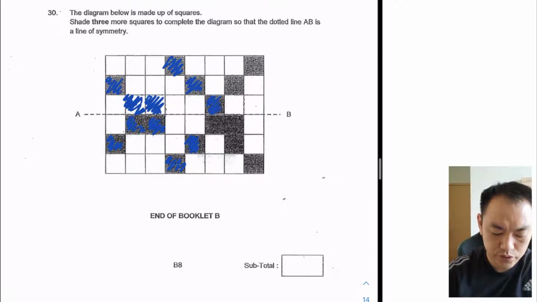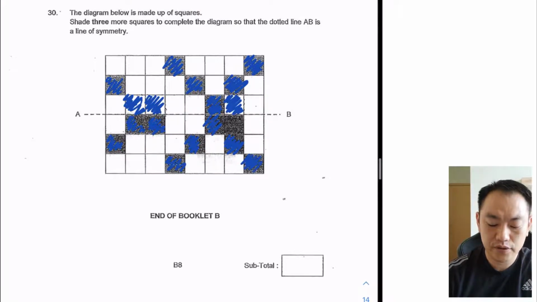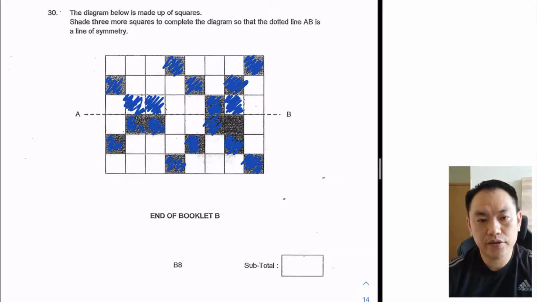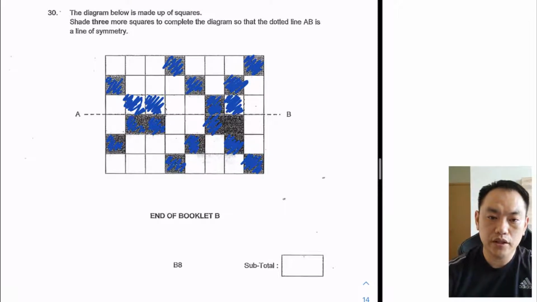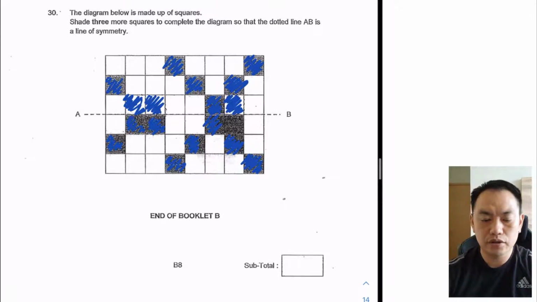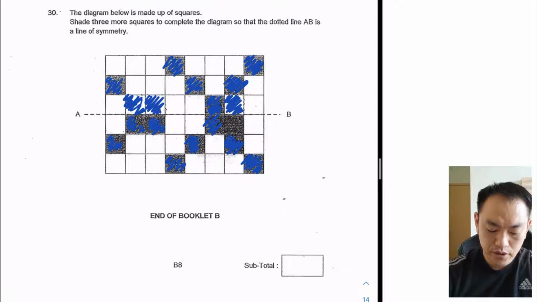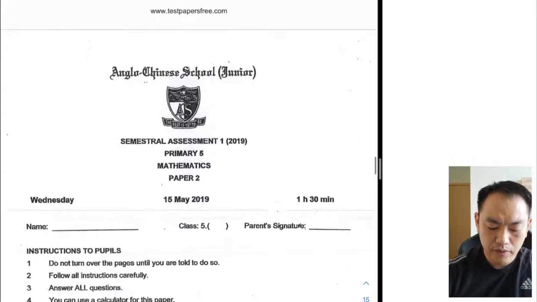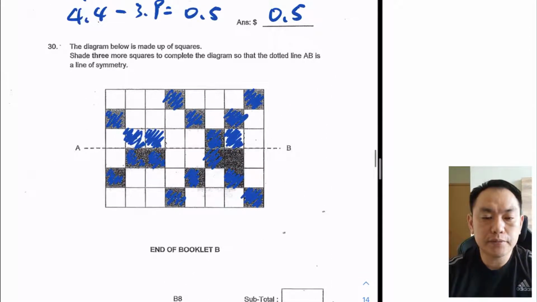And these two are also fine, and this one here, so that's the third box we need to cover. And then the last one here is fine because we have another box here. So these will be the 3 squares we need to color to make it a symmetrical diagram. Okay, this will be the end of booklet B.